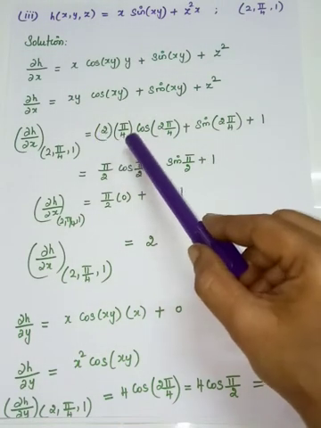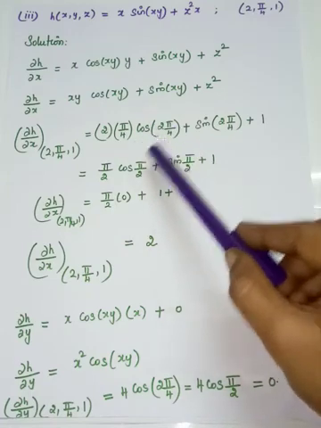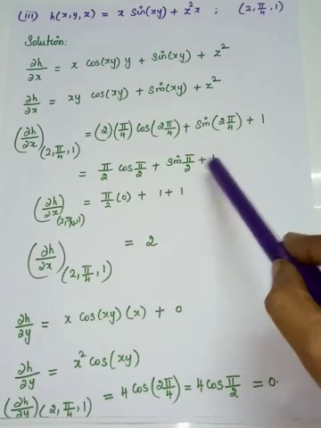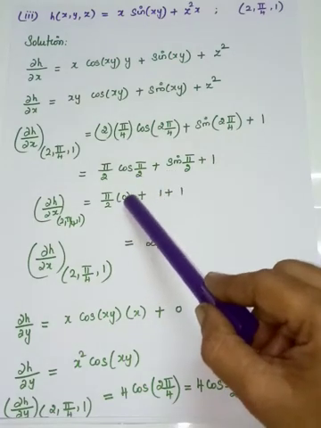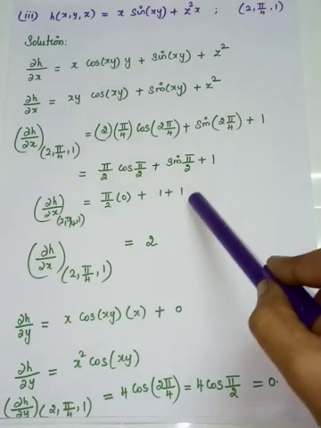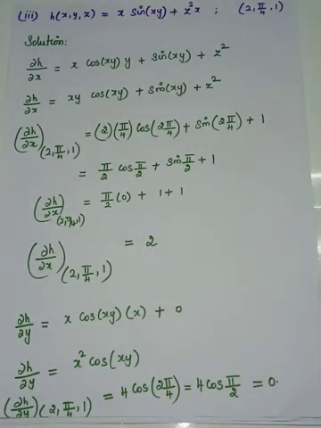So this 2 and here 4 get cancelled, so it is pi by 2, and here also cos pi by 2, here also plus sine pi by 2 plus 1. You know that cos pi by 2 is 0, so this term will become 0. Sine pi by 2 is 1, here also 1, so 1 plus 1 is 2. So we have completed the partial derivative of h with respect to x.